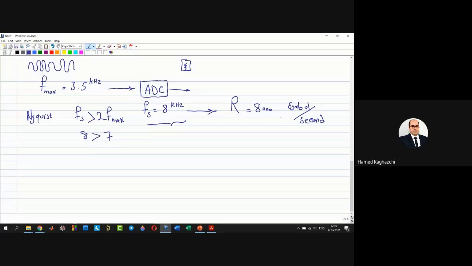Now, after sampling, I have to quantize.